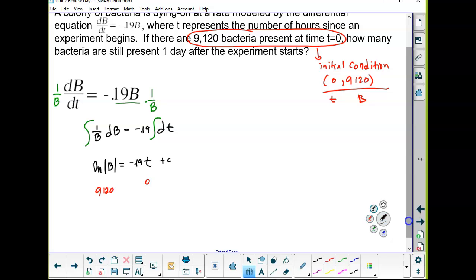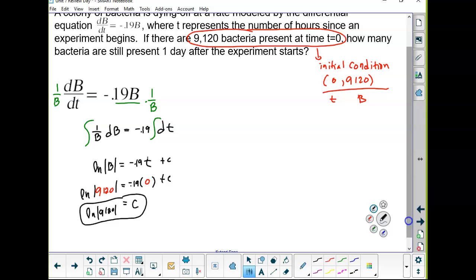9,120. Which tells me exactly what c is. The natural log of 9,120.